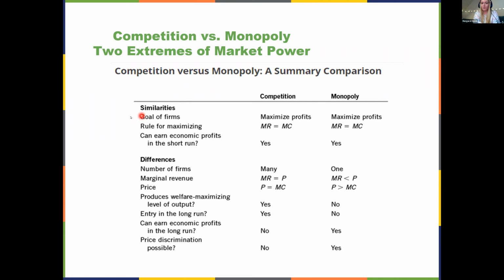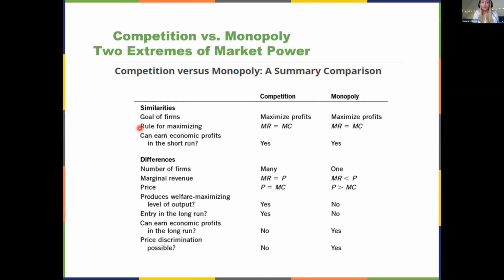One seems pretty straightforward, but it is important to remember that whether a firm is in a perfectly competitive setting or they're the only firm making a good or a service, a monopoly, the goal of the firm that we assume in economics is that they want to maximize their profits. So no matter if it's competition or monopoly, the goal of the firm is to make profits as large as possible. Not marginal revenue, not total revenue. They want to maximize their profits.